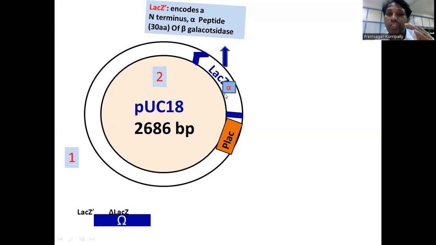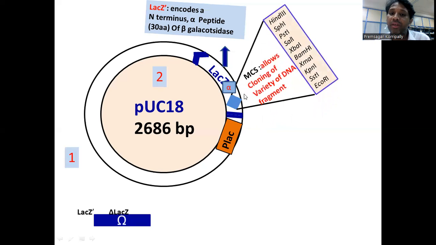So the alpha portion encoded by the LacZ prime encodes an N-terminus alpha peptide, a length of 30 amino acids of beta galactosidase. In that, there is a multiple cloning site, which allows the cloning of various fragments by using restriction enzymes, and it also has an ampicillin resistance marker and an origin of replication.